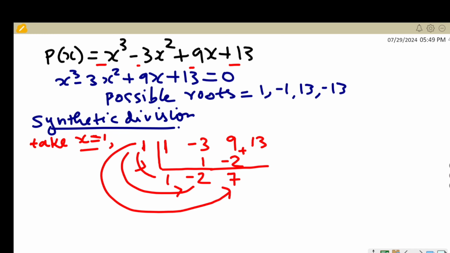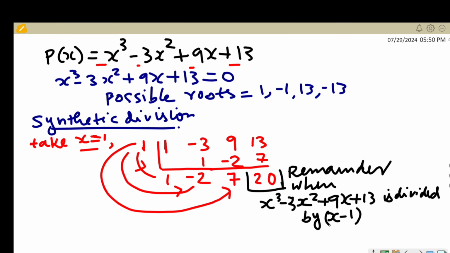We have to multiply 1 with 7, we will get 7. We have to write it there, and 13 plus 7 is 20. We got 20 here, and it is the remainder when x cube minus 3x square plus 9x plus 13 is divided by x minus 1. Therefore, x minus 1 is not a factor. If x minus 1 was a factor, we should have got the remainder as 0.